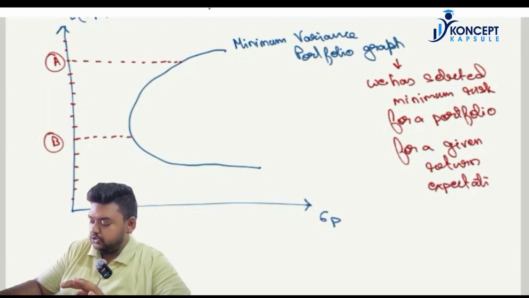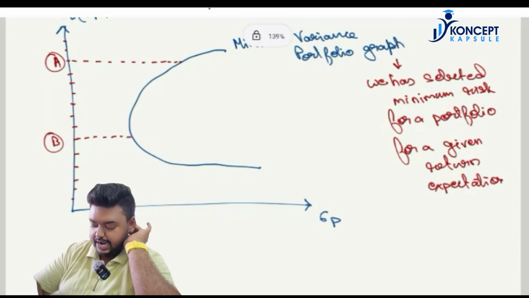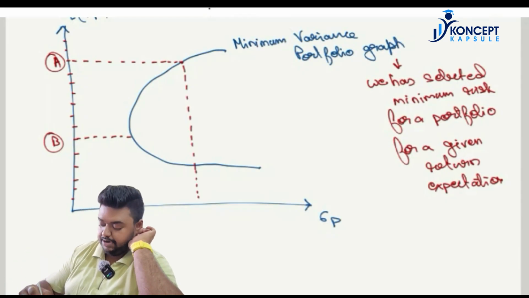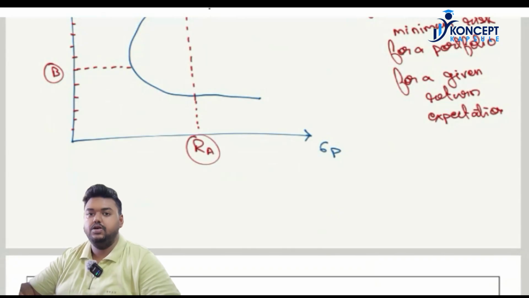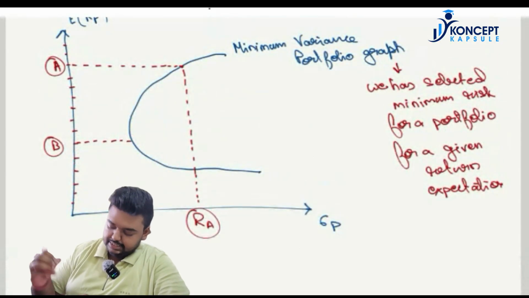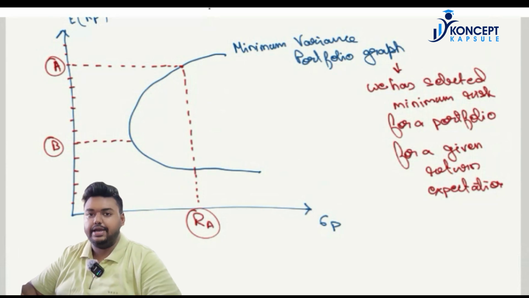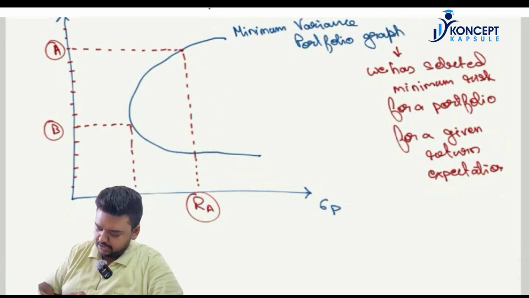So, for example, if the expectation of return is A, then at this point we will have the minimum risk. Let us mark it as RA. So, if the return expectation is A, the minimum risk for the portfolio can be RA. Similarly, if the return expectation is B, the minimum risk can be RB.